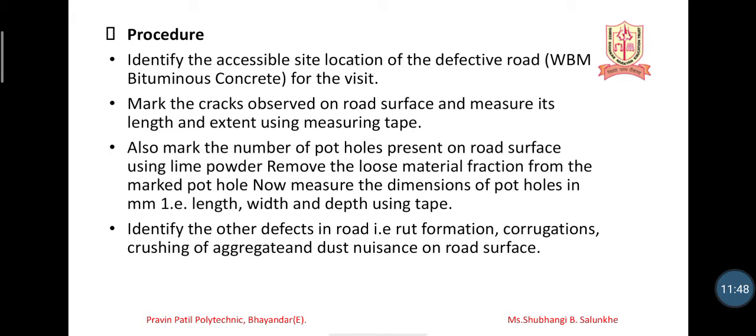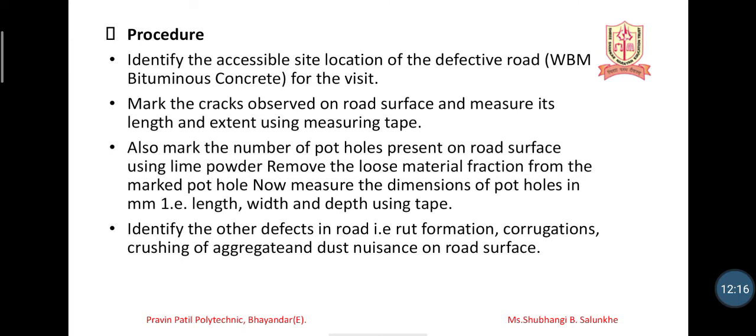Also mark the number of potholes present on the road surface using lime powder. Remove the loose material from the marked pothole. Now measure the dimensions of the potholes in mm, that is the length, width and depth, using a tape. Identify the other defects on the road, that is rut formation, corrugation, crushing of aggregate, dust nuisance on the road surface.